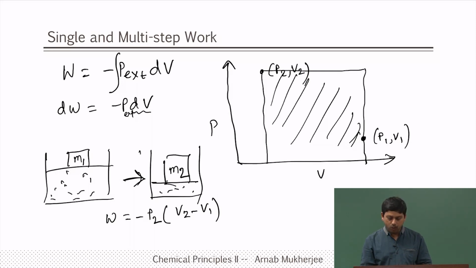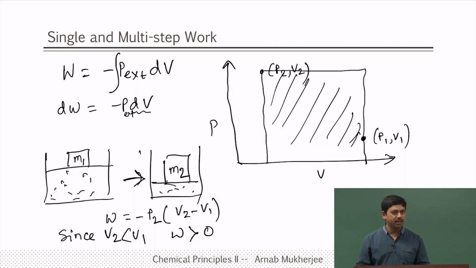Now, since V2 is less than V1, our W is actually a positive quantity. So, that means we are doing positive work on the system, we are doing compression, right, that makes sense. So, the shaded region is the work done on the system that we have plotted.